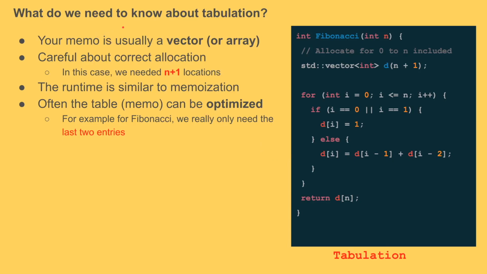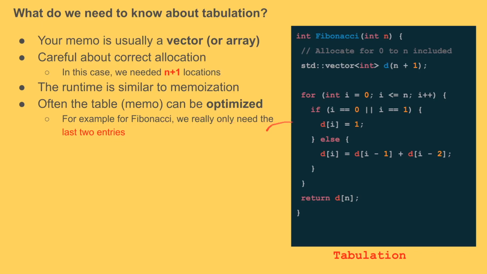Now, what do we need to know about tabulation? Your memo in memoization can be a map or a vector, but in tabulation, usually people use just a vector. One thing you have to be careful about is the indices and allocation of this vector. For example, here we use n plus 1 locations. The runtime is similar to memoization, and often this memo or table can be optimized.